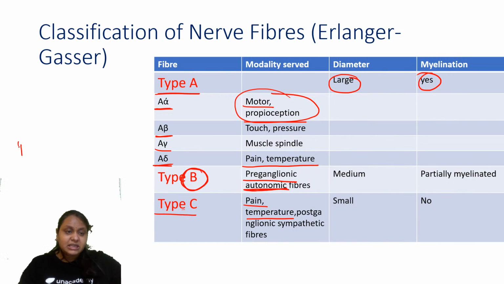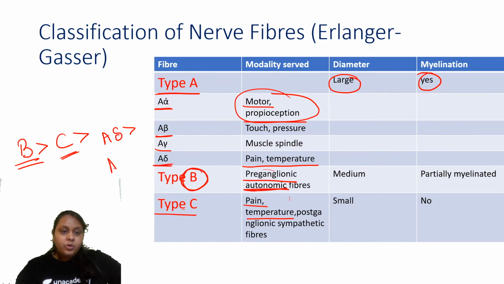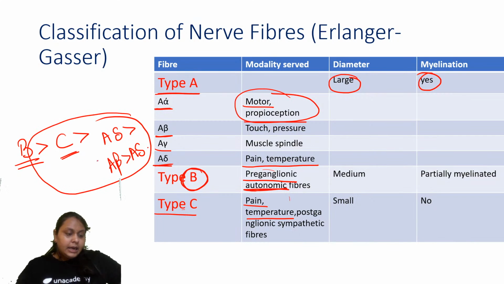So the order of susceptibility is B, which is preganglionic autonomic, more than C, which carries the sensory stimulus, then A delta, more than A beta, more than A alpha. So it is BCA, remember this.